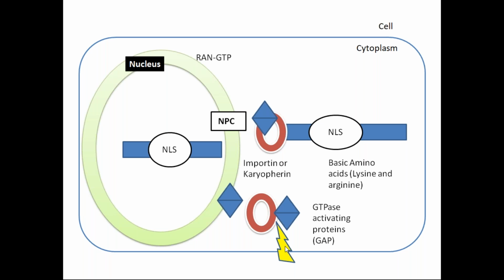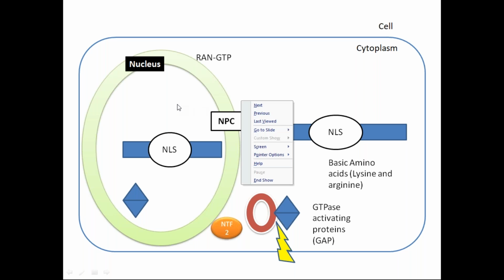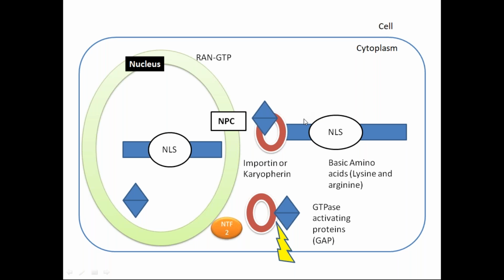So this GAP protein will separate both importin and RAN-GTP, and then RAN-GTP, with the help of NTF2, will go inside the nucleus. Because what is its place? Its actual place was inside the nucleus, it had only come to take this protein inside the nucleus, so it will again go inside the nucleus.